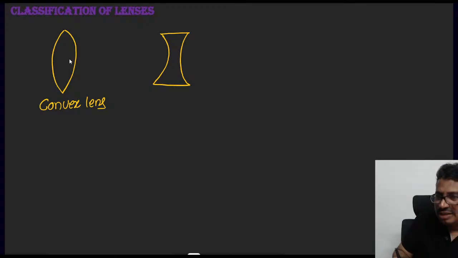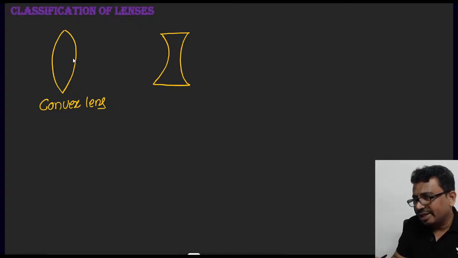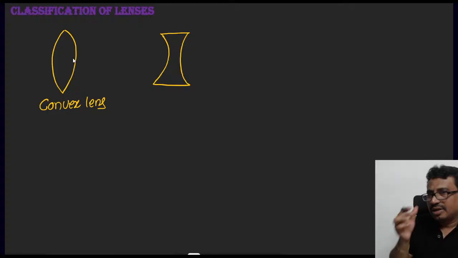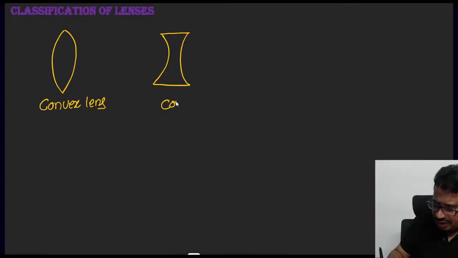If the middle part is thick and the edges are narrow, that is a convex lens. If the middle part is thin and the edges are wide, then that is a concave lens.